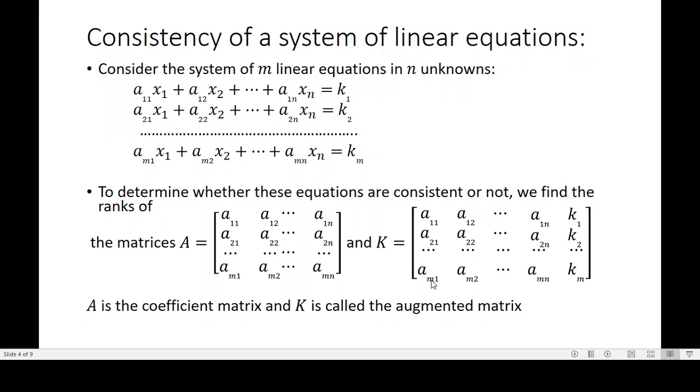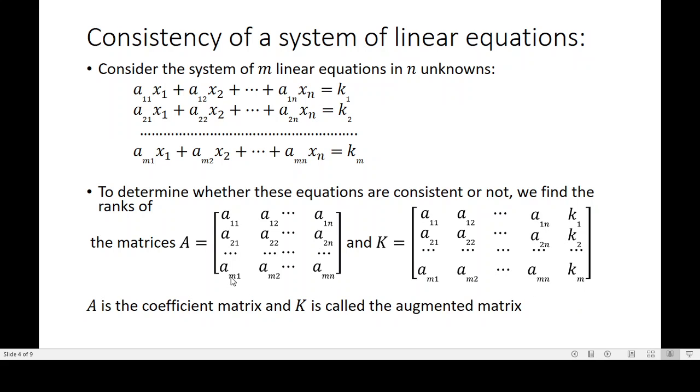The mth row elements are am1, am2, etc. amn, km. So we have a matrix A which is a matrix of order m cross n, and we have another matrix K which is a matrix of order m cross n plus 1.